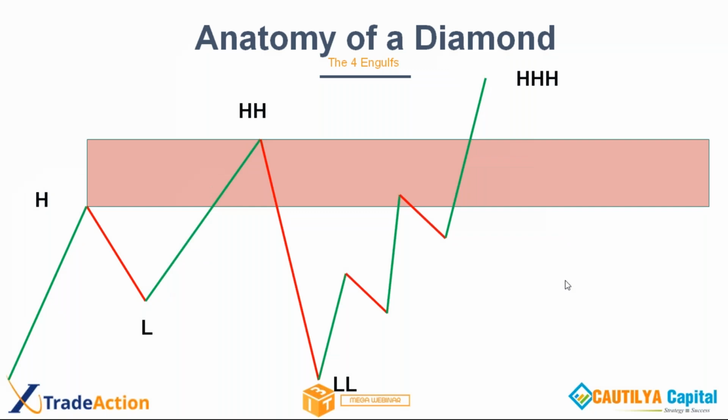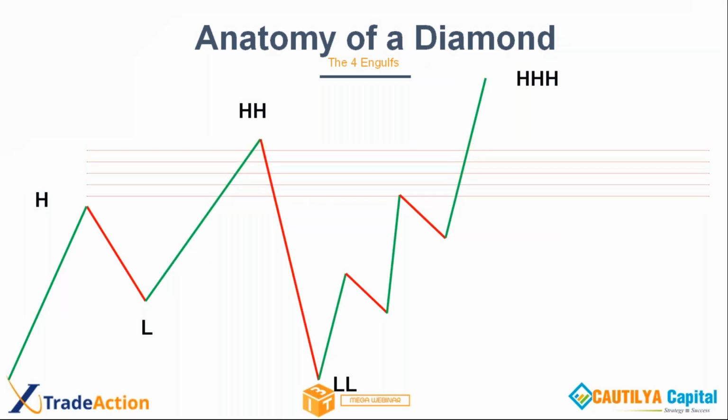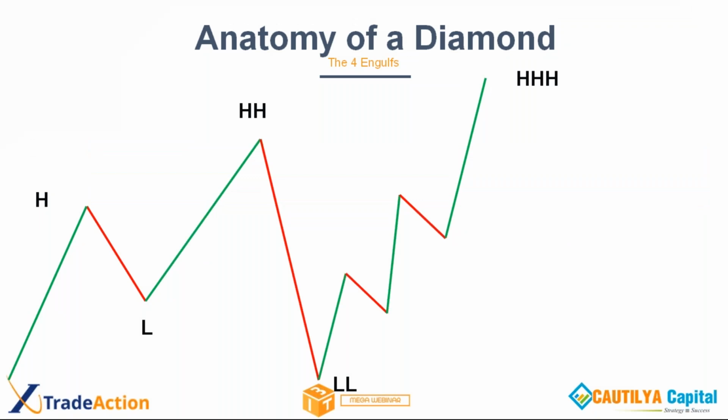So what happens? It forms a higher high, and from then what happened? Your QM is gone, right? Your QM is no longer valid. Why? Because the QM is broken. When the QM is broken, can you draw a trend line from the lower low to the higher high?